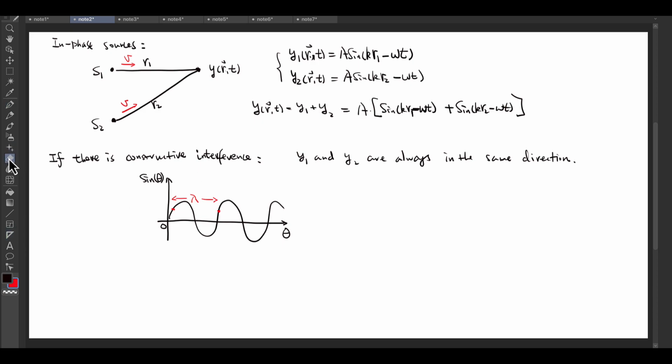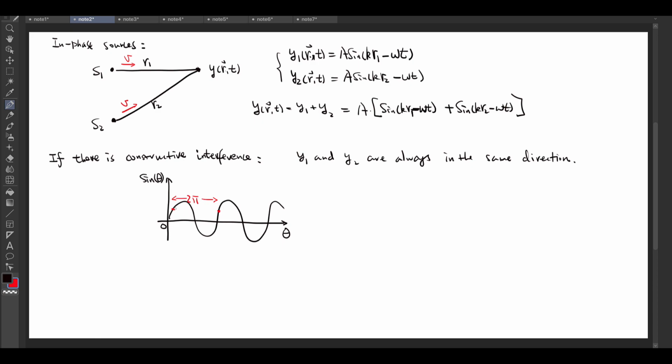Sorry, in this case it's not lambda, it's 2 pi away. Then their motions are exactly the same. So they either have the same positive sign and same value, or they have the same negative sign and same value.